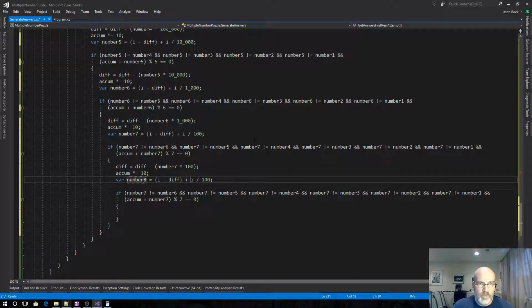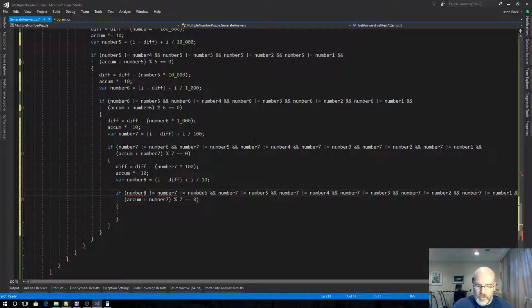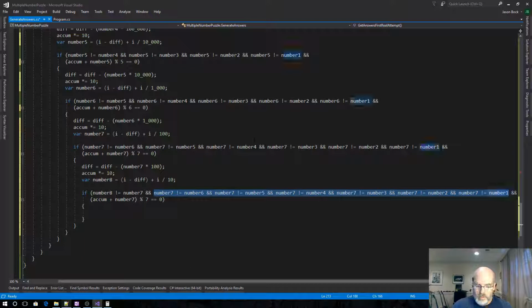It's confused. Number 8 not equal number 7, and now all the number 7s have to be 8. We can actually say 7 replace with 8.